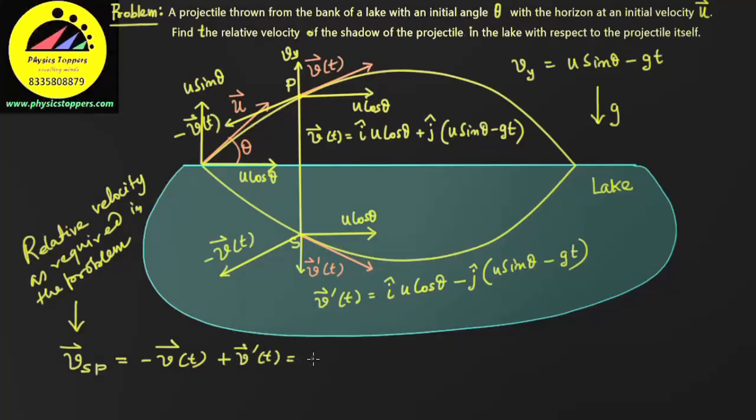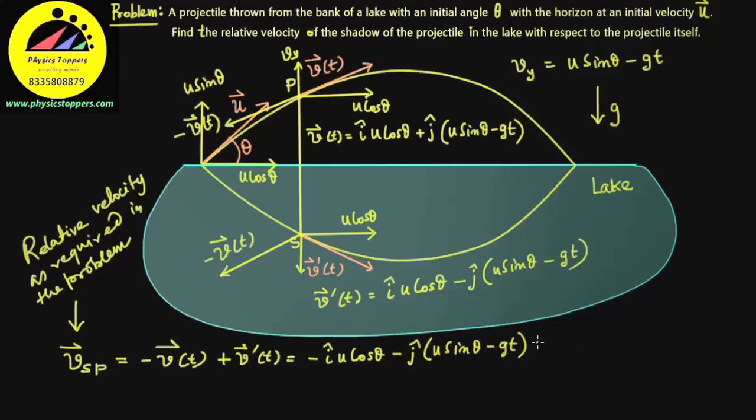So minus vt is minus i cap u cos theta minus j cap (u sin theta minus gt). And v prime of t is plus i cap u cosine of theta minus j cap (u sine theta minus gt).